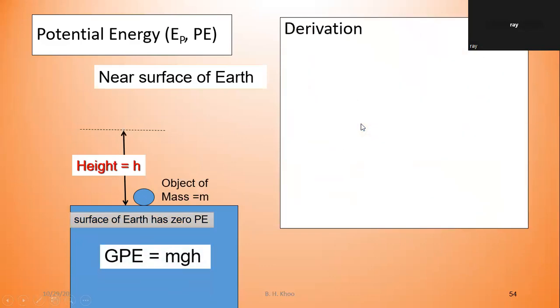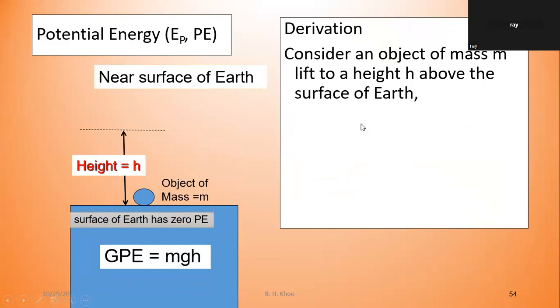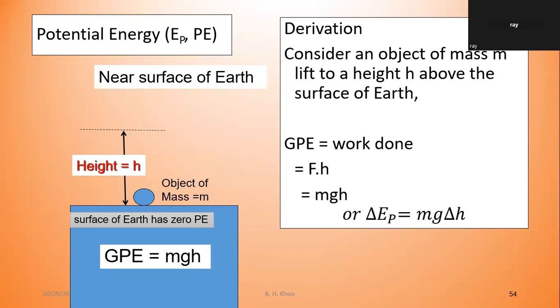Okay, same thing, we are going to derive. So we consider an object of mass m at the surface of the earth. We raise it up to a height h. So our work done: what is the force? Force times distance moved. Distance moved is the height. So the force is mg, the weight, times height.